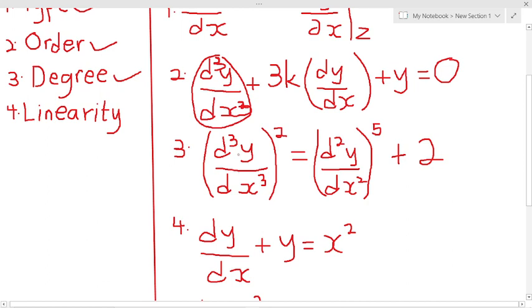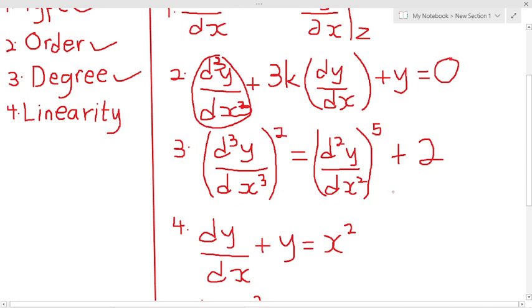We have (d³y/dx³)² equal to (d²y/dx²)⁵ plus 2. Now we have two derivatives here, that is d³y/dx³ and then d²y/dx².